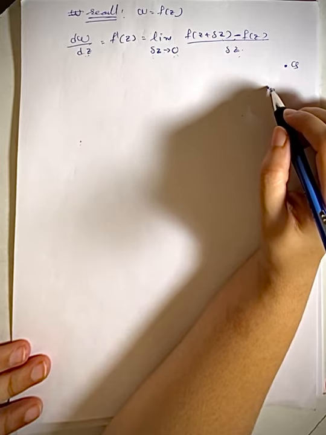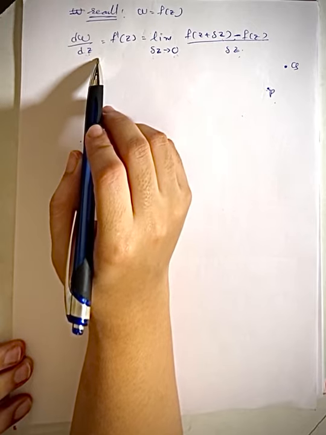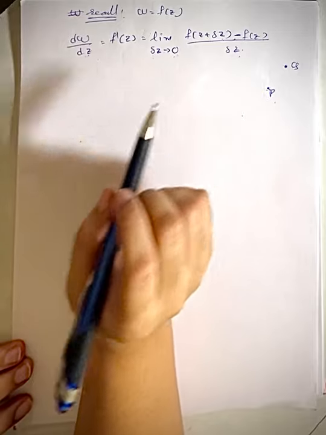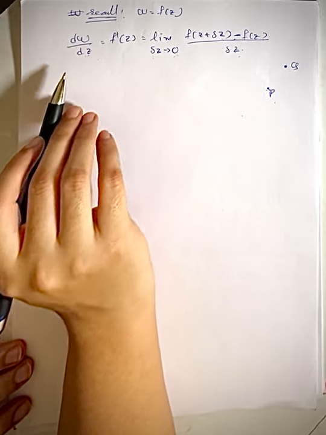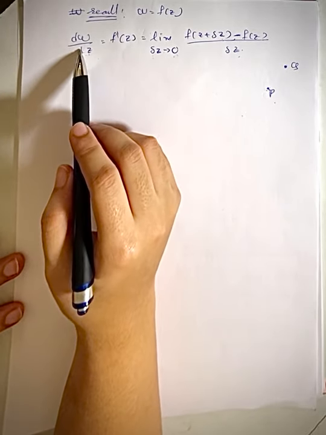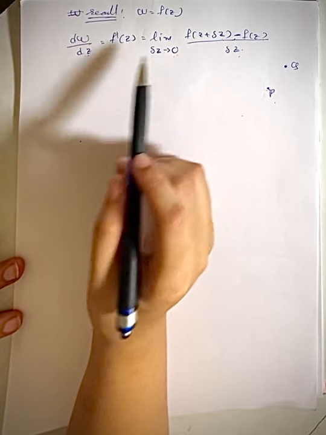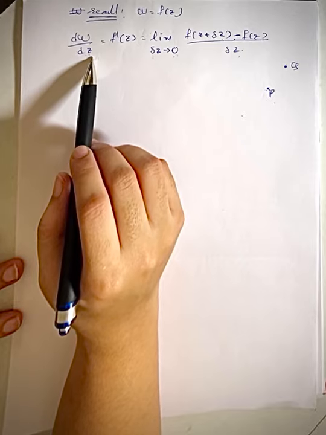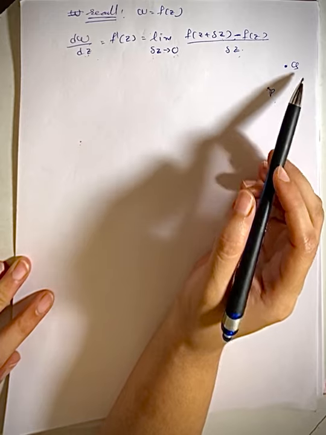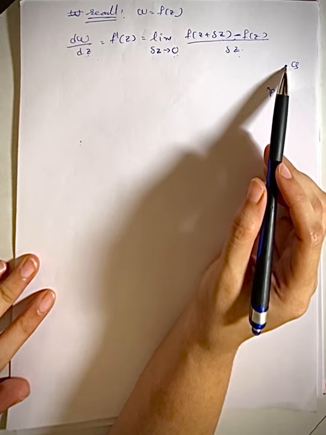and here there was a problem in defining this derivative, so we had shown some conditions under which this derivative can exist. To have this derivative, the limit must exist, and the value of this derivative should be the same for all the different paths you have taken while approaching delta z equals 0.